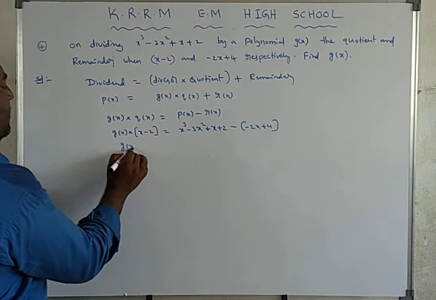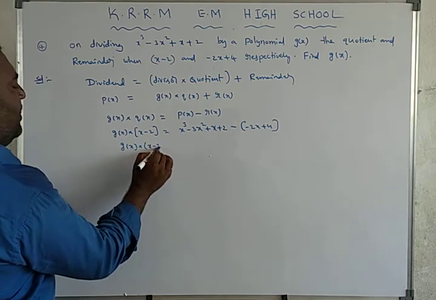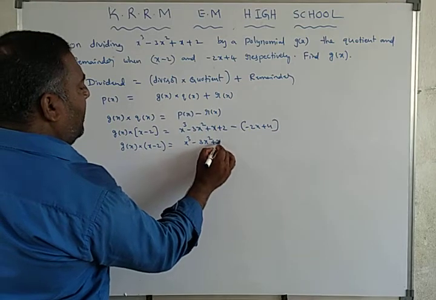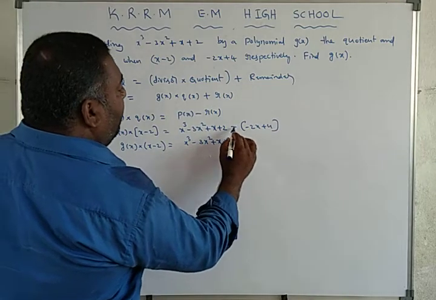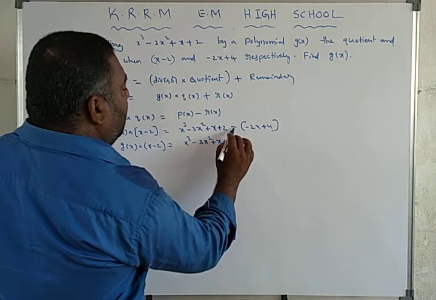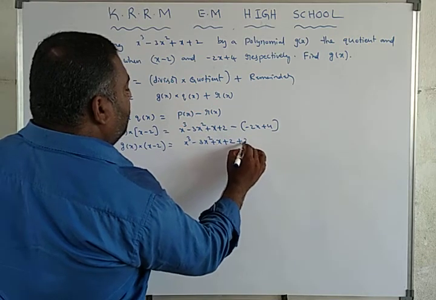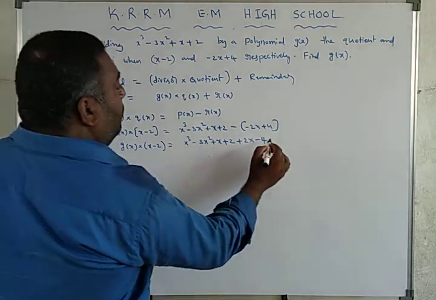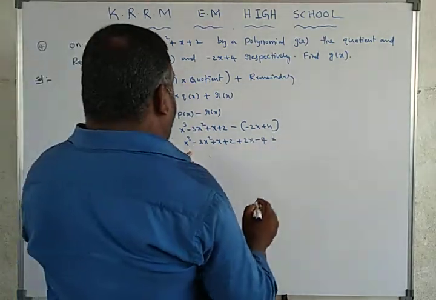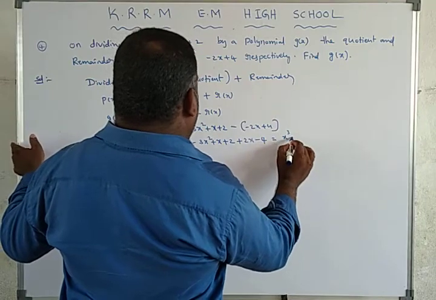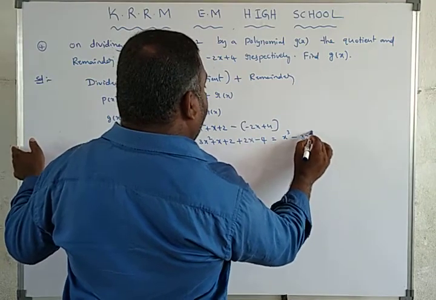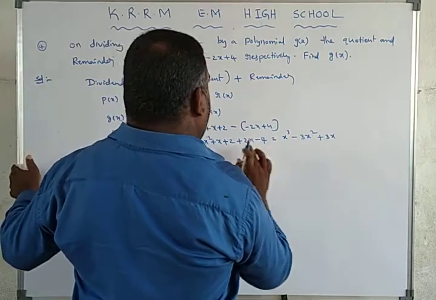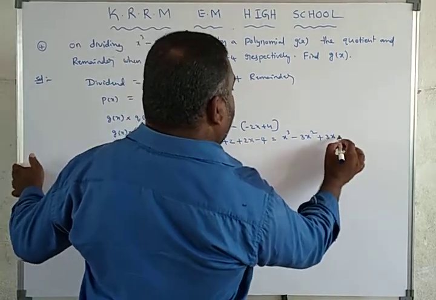So g of x into x minus 2 is equal to x cubed minus 3x square plus x plus 2, taking the minus inside: minus into minus gives plus 2x, and plus into minus gives minus 4. So x cubed minus 3x square plus x plus 2x, which is 3x, plus 2 minus 4 is minus 2.